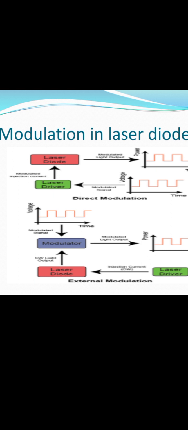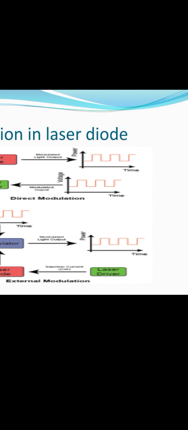Direct and indirect modulation are the only two types, internal modulation and external modulation. For external modulation, the laser driver and laser diode are used, and then the modulation process takes place. In this modulation process, the modulated signal, voltage over time, is converted to light output power, that is the laser part.